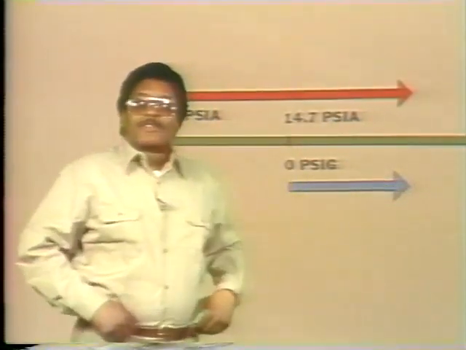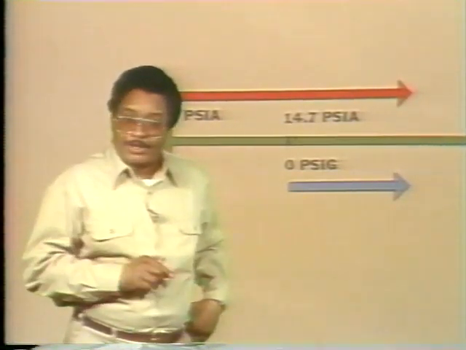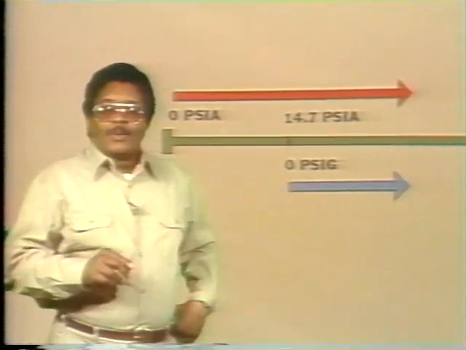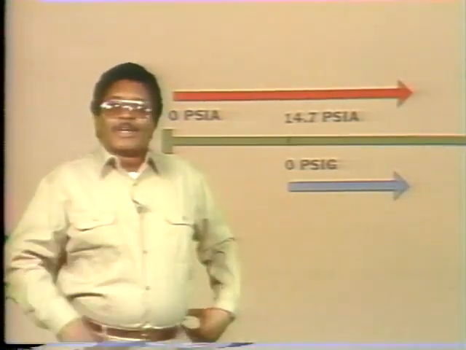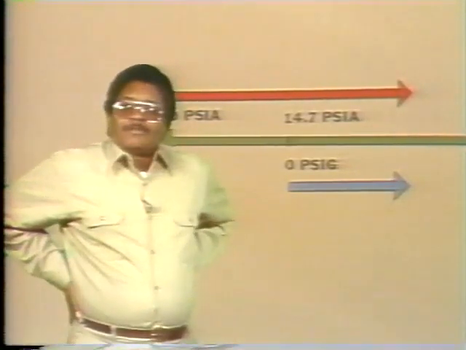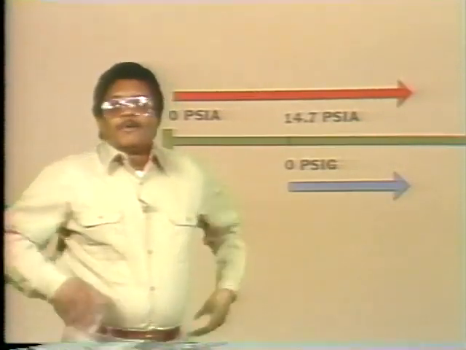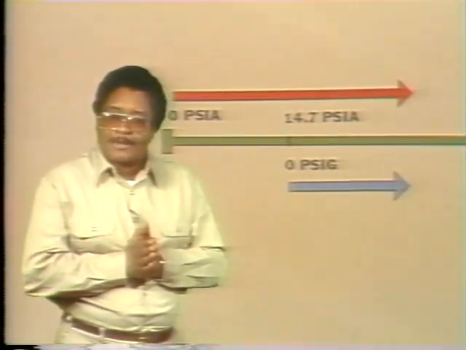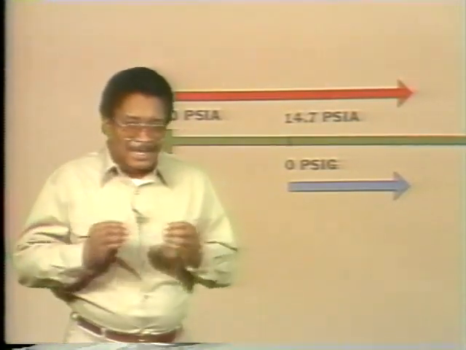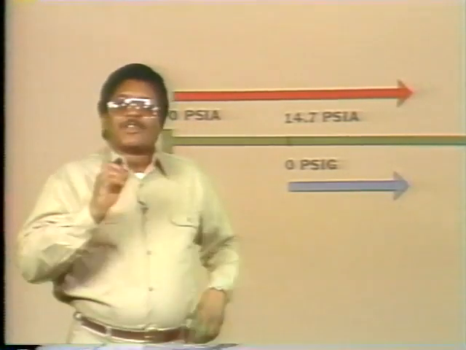So, we must first determine the number of inches of mercury between 0 and 14.7 psia. We do this by dividing 14.7 by 0.5. We get about 29.5. We've rounded numbers off so that the numbers we're using are approximate. So, there's approximately 29.5 inches of mercury between 0 and 14.7 psia. Now, the key to understanding vacuum and back pressure is knowing which way each is measured. Let's look at vacuum first.